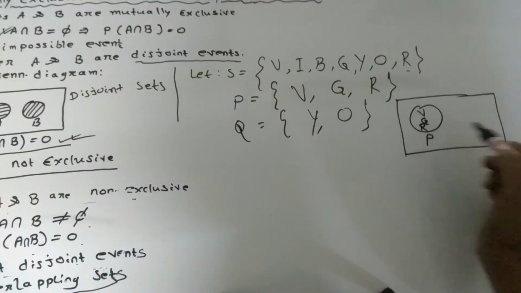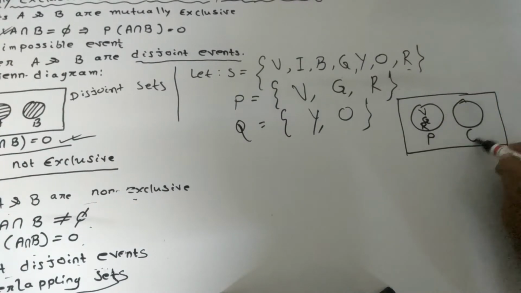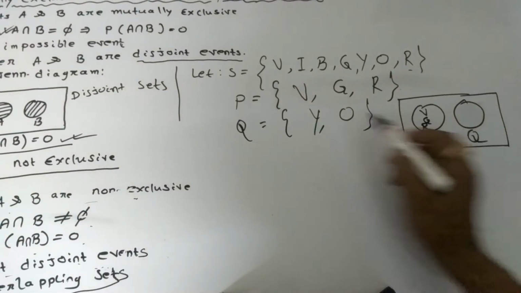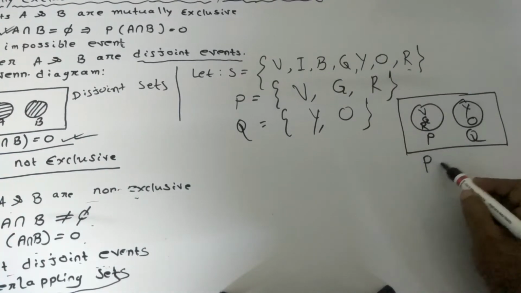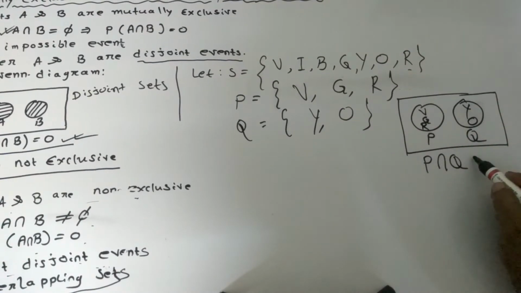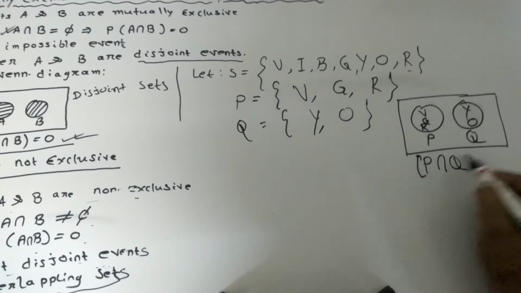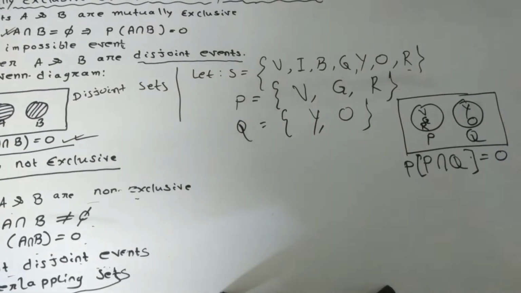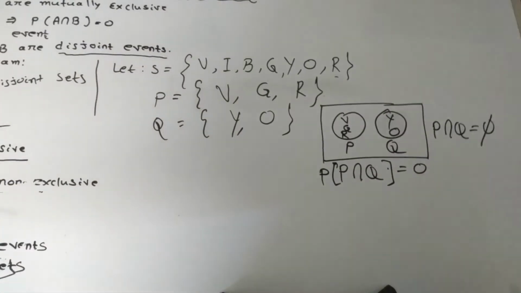Violet, green and red, and yellow and orange: nothing is common between them, so you can easily say this is a disjoint set, and hence the probability of the intersection of P and Q is 0.